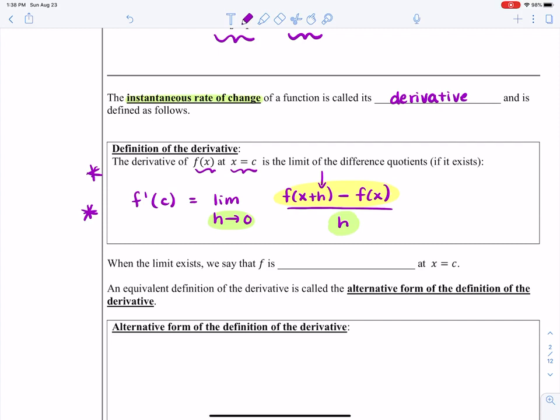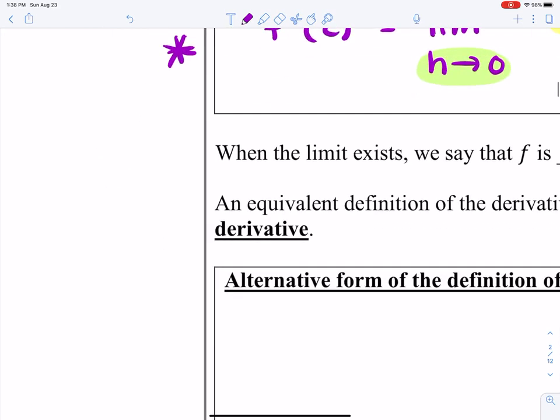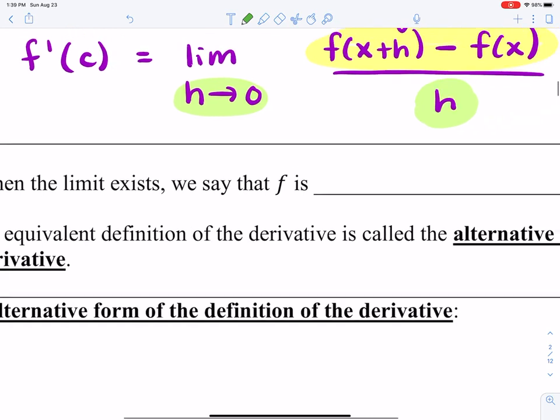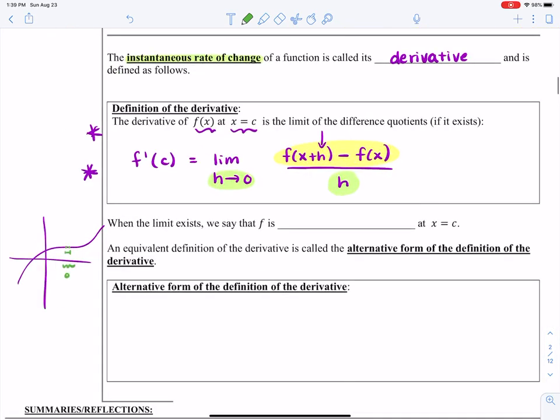So we're talking about on a graph here. If we think about a graph, I am getting 2 points that are so close to each other that the distance between them is getting close to 0. And this is still slope as we know it. This is still y2 minus y1 over x2 minus x1. But I need for you to memorize this definition.